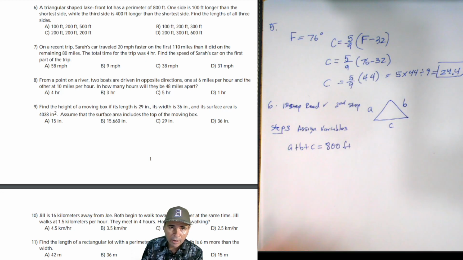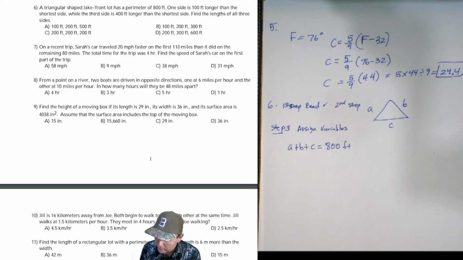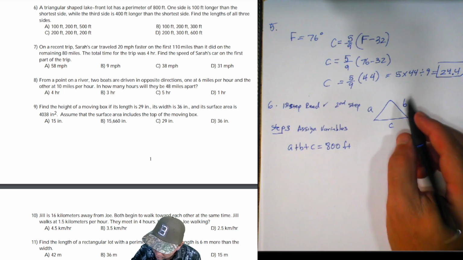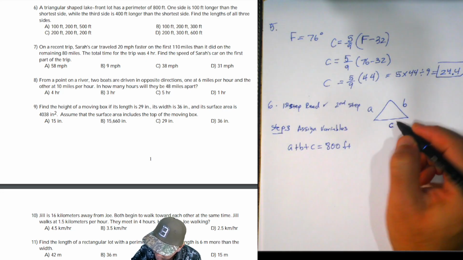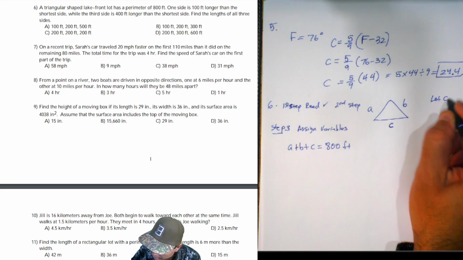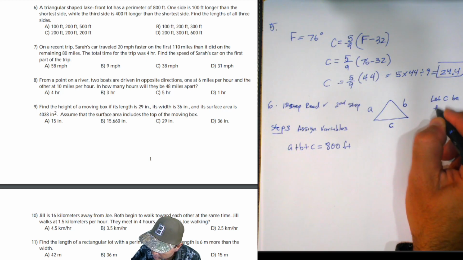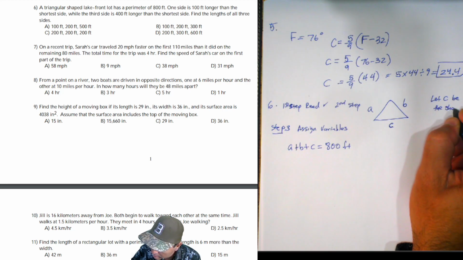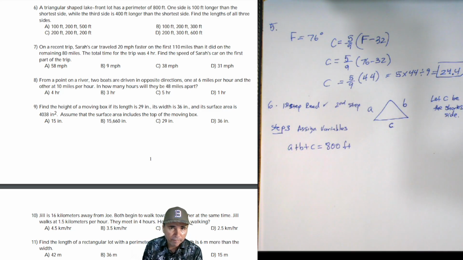And we know that the perimeter is 800 feet. All right. And now, if you read the word problem, it says one side is 100 feet longer than the shortest side. So let's call this one the shortest side. So let C be the shortest side. And what is the word problem saying?